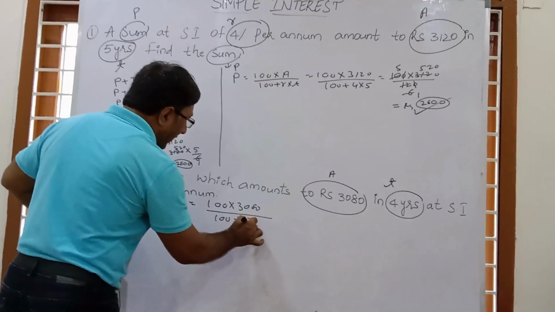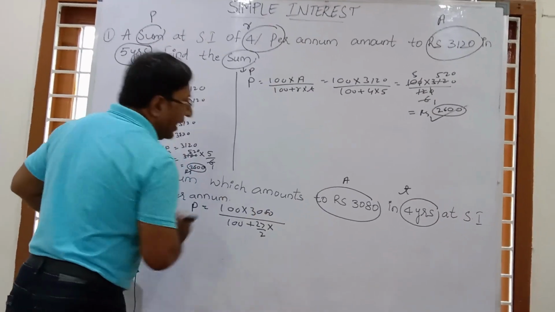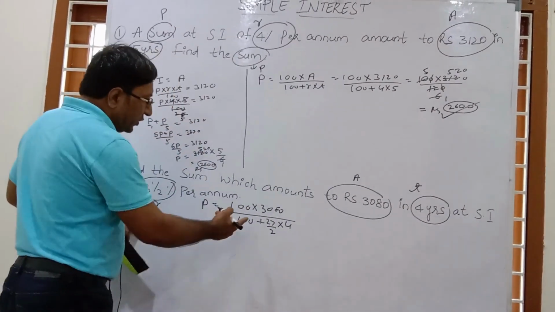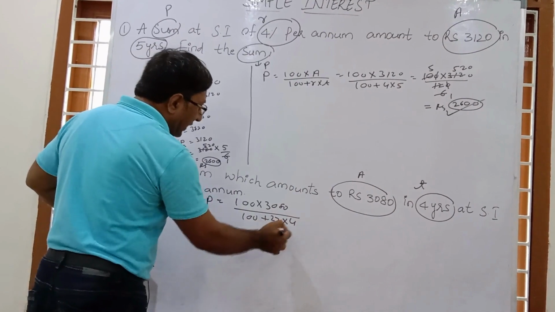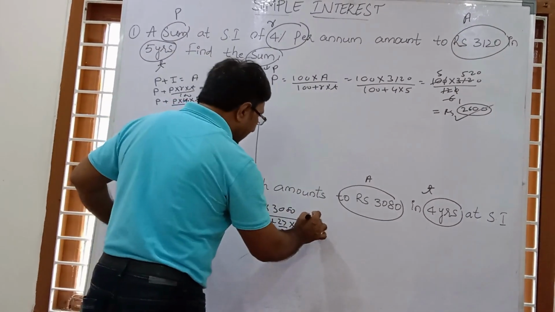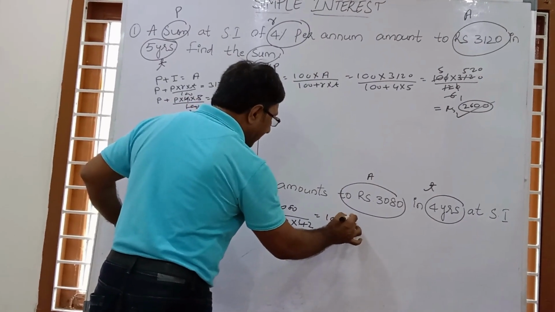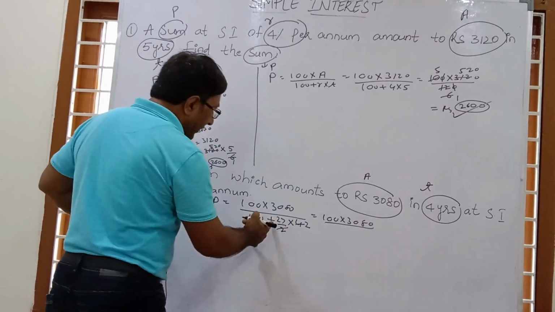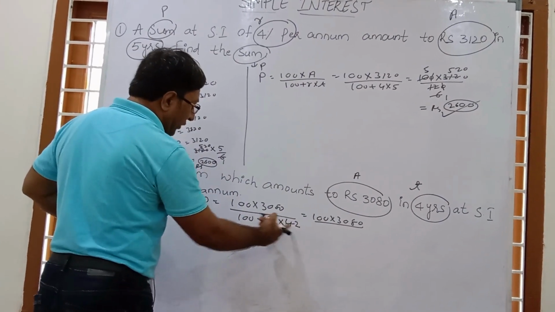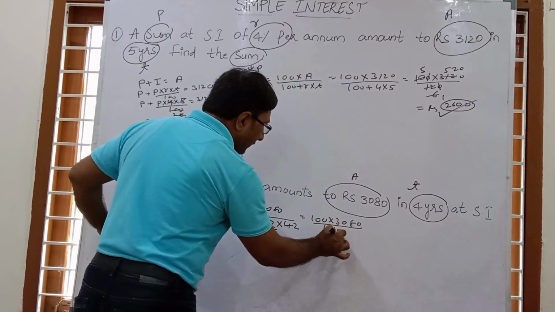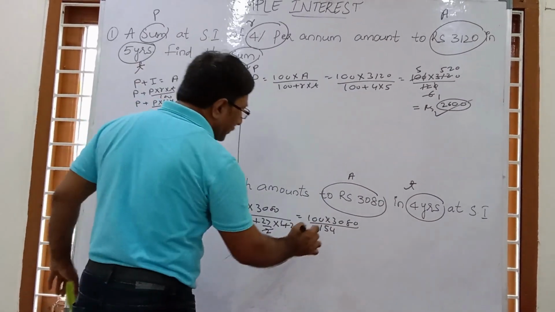T is given as 4. Now 27 by 2 multiplied by 4: 2 twos are 4, so we get 100 multiplied by 3080 upon 100 plus 54, which is 154.